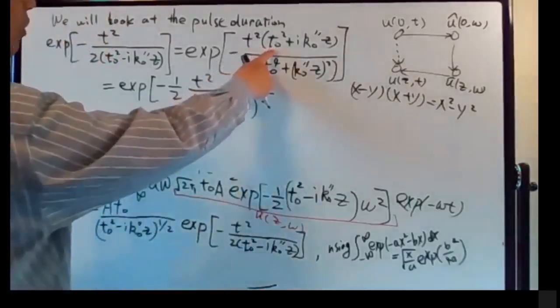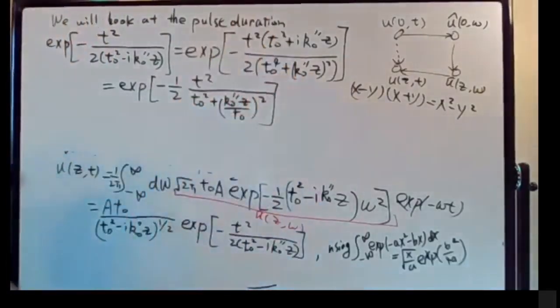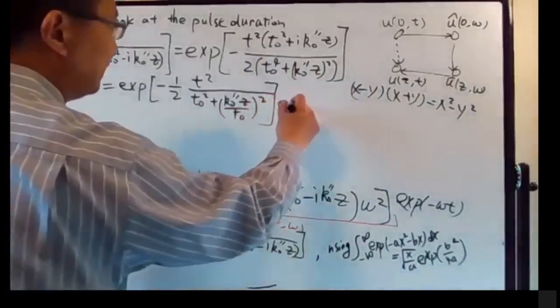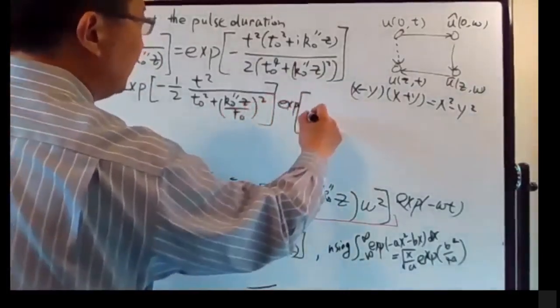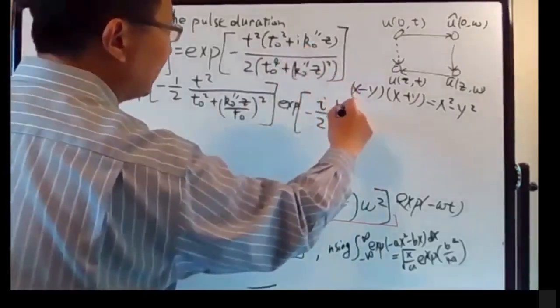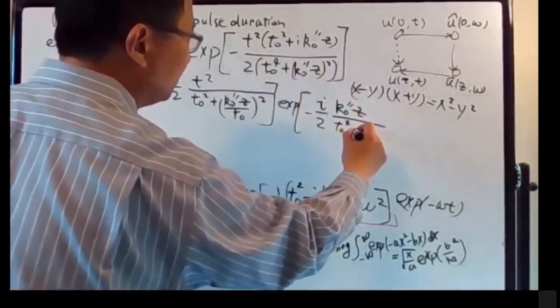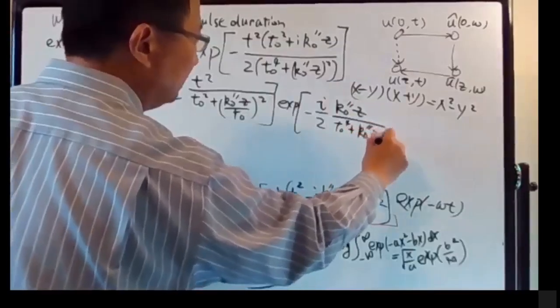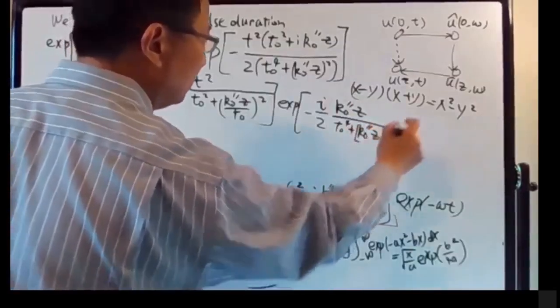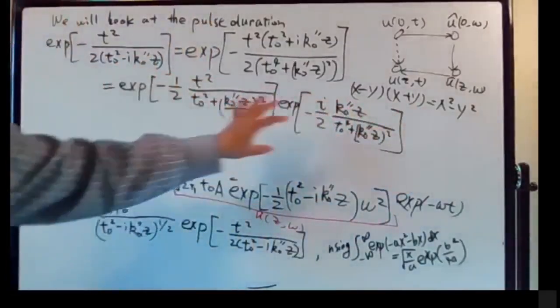We remove the real part for the t naught squared in the denominator. And then we have the imaginary piece, exponential negative half of i k naught double prime z over t naught to the fourth plus k naught double prime z squared, right? So this is the real part, this is the imaginary part.